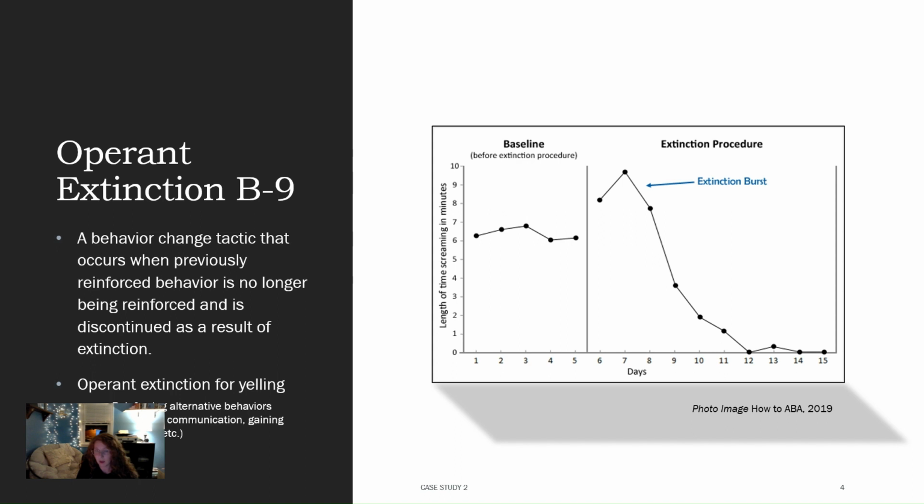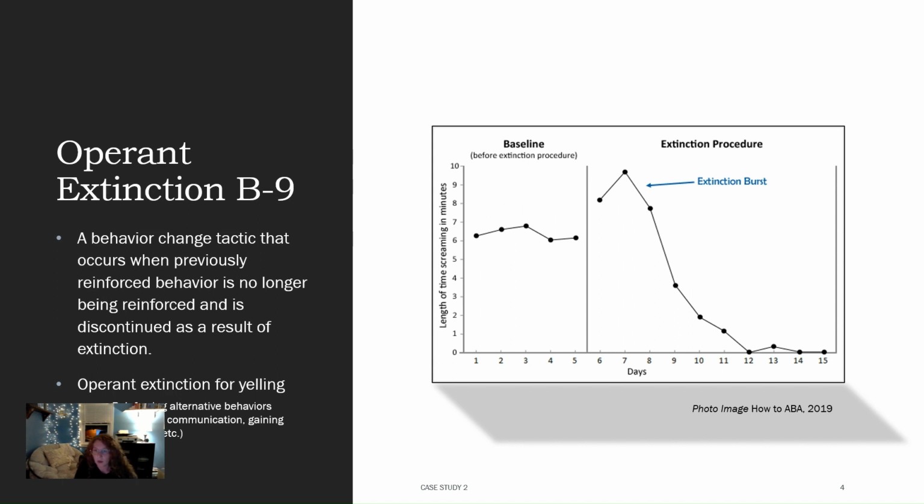This is because when you discontinue reinforcement of a behavior that has been historically reinforced for so long, there's going to be an uptick in behavior, because the child or adult you're working with, for me it is a child, is likely going to have a challenging period.